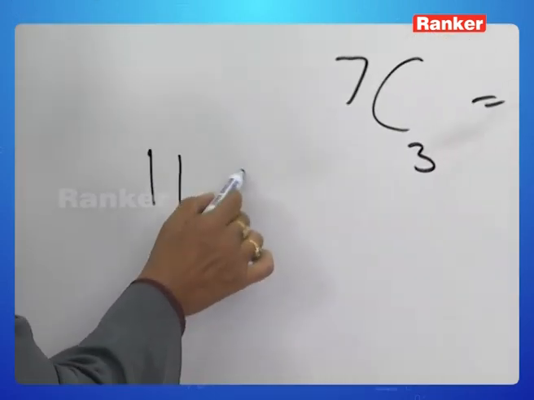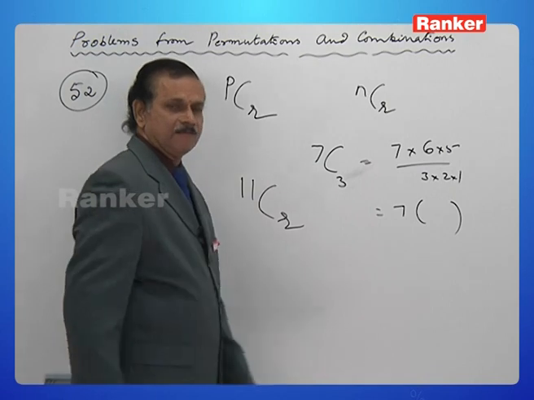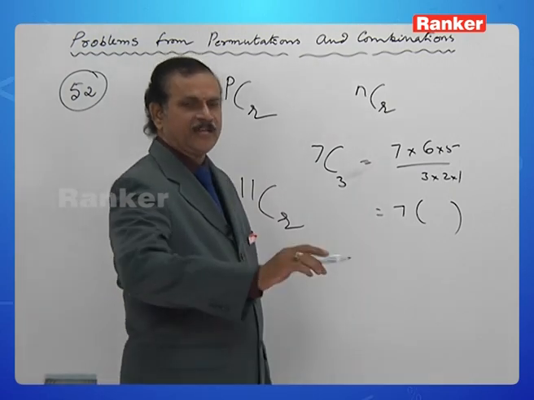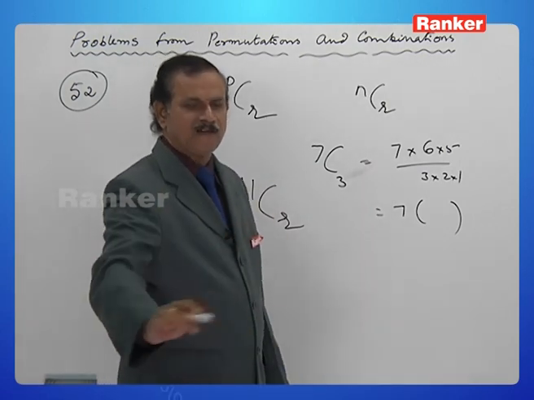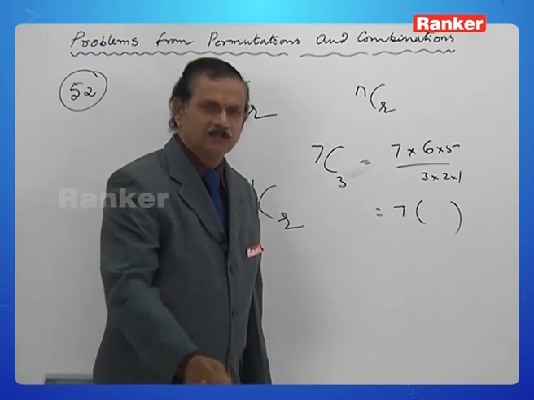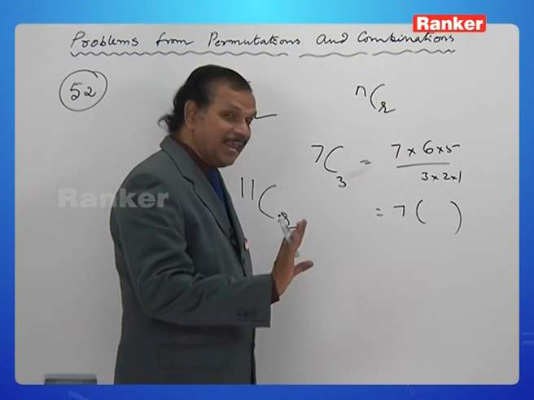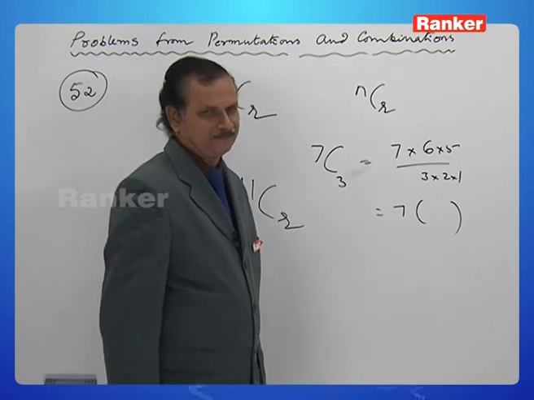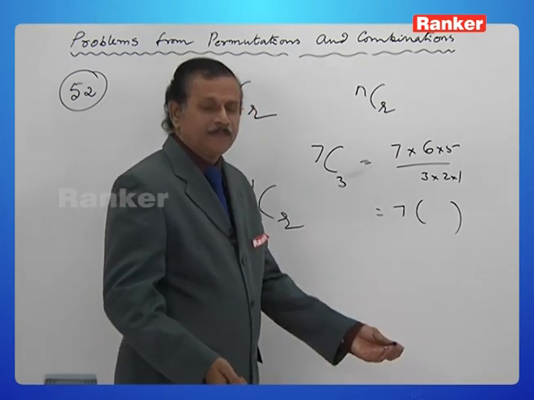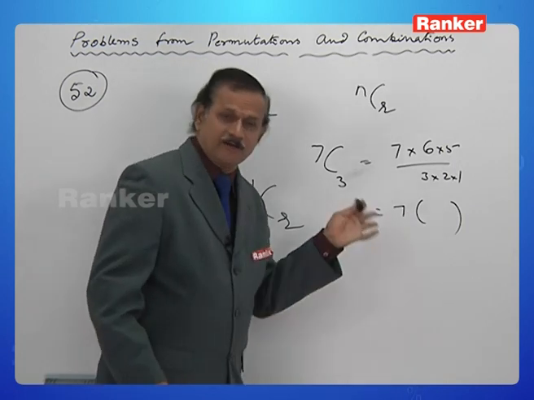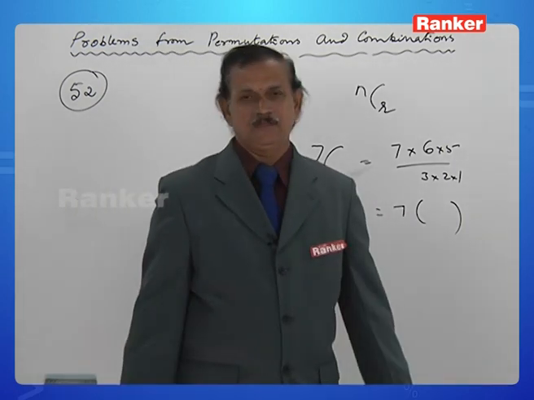Like that, 11CR: you observe 11 into 10 into 9 into etc. by R factorial. Again, all the things in the denominator will be cancelled. Of course, 11 will remain. In 11, there will be no factor in the denominator which can cancel 11.